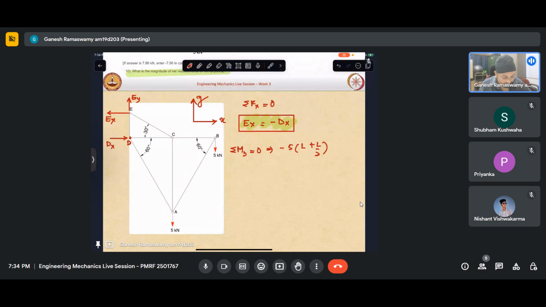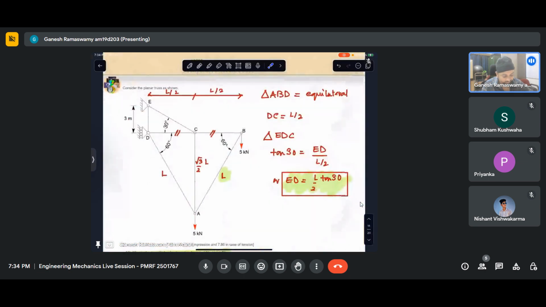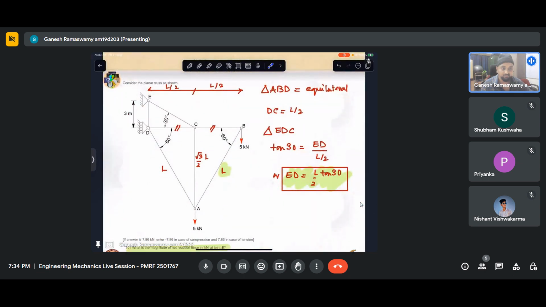plus the reaction couple. Let me call that couple MR, which is created essentially by these two forces, which are equal, opposite, and placed this distance apart. What is this distance? We have calculated that as L by 2 tan 30.